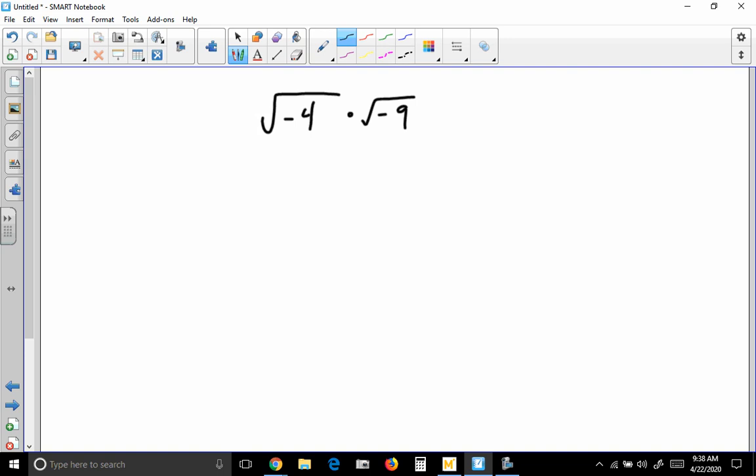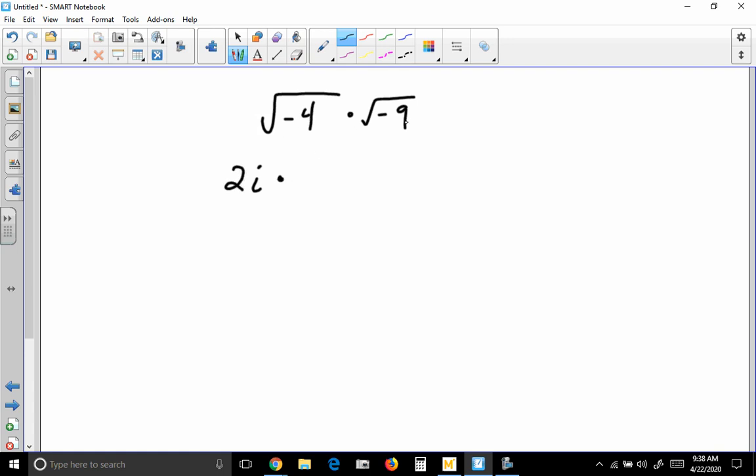In different number systems, sometimes the properties from one number system work for another number system, but that's not always the case. So here, since our square root is negative, these are imaginary numbers, so the square root of a negative of this is I, the square root of 4 is 2.